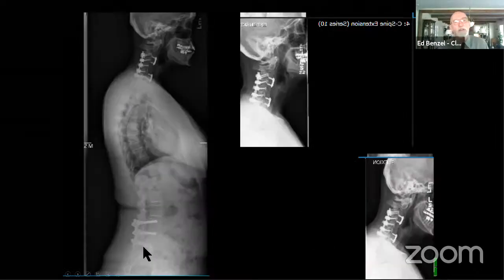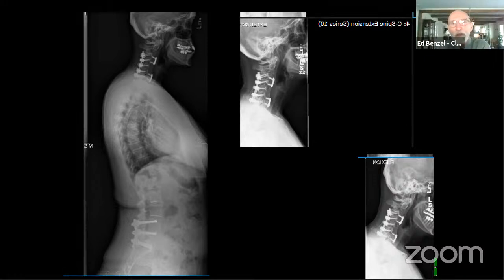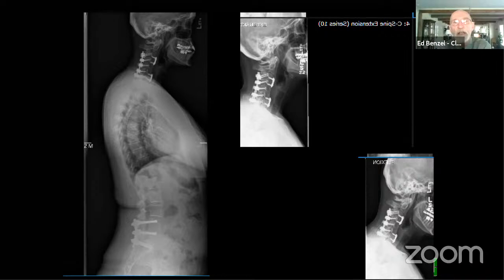So this lady previously had a lumbar fusion, but now is complaining of severe neck pain and kyphosis trapezius sign. As you see, she has a positive SVA in spite of the fact that she's got somewhat of a lordosis. So she has in the upper thoracic spine some kyphotic deformity, which if corrected might make her symptoms better.